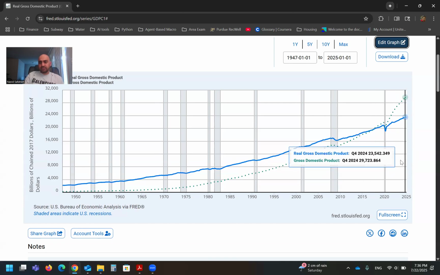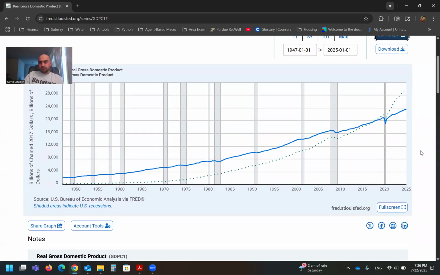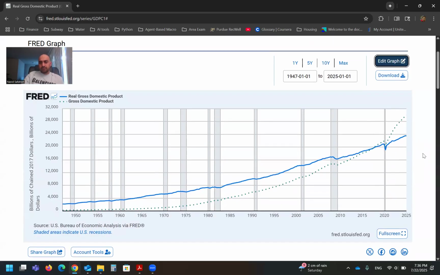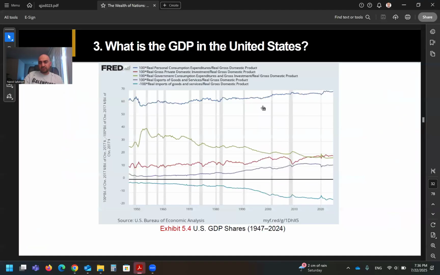So actually, the GDP deflator is increasing. So yeah, let's make one or two lines of this figure.